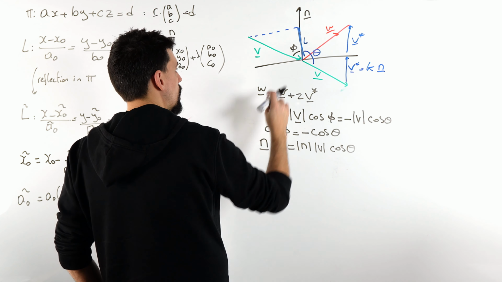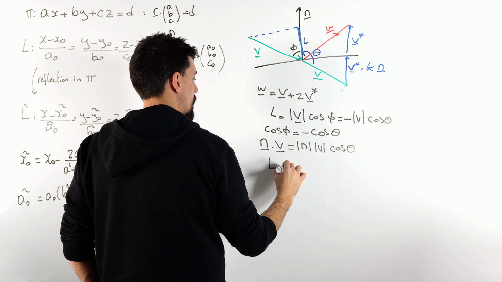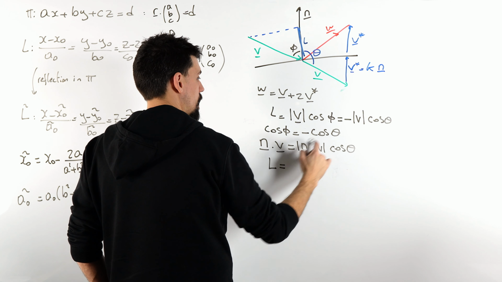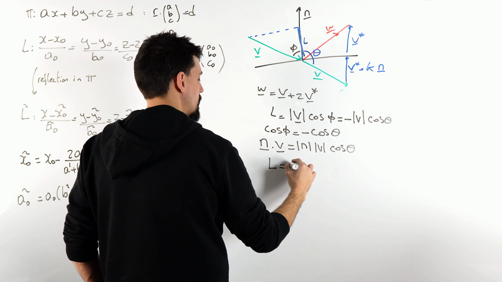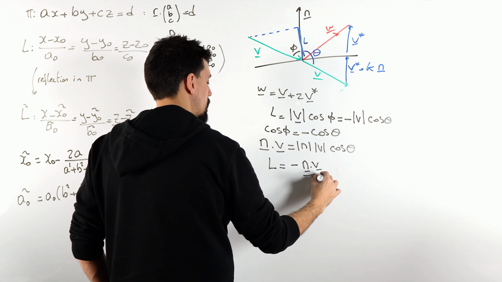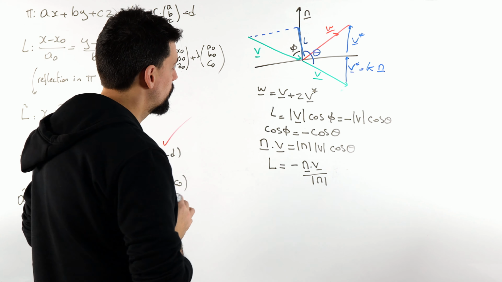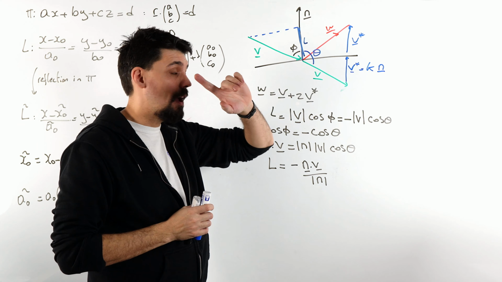So this length here is, what did we say cos theta was? If we look at this, v cos theta is, this is minus n dot v over mod n. We're getting there, I promise.